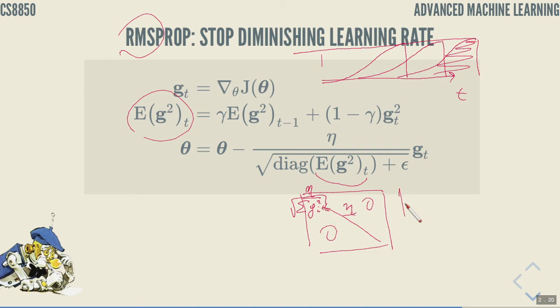But then when you multiply this by the g vector, essentially you simply normalize each element in g by the corresponding term: you multiply by eta and divide by the RMS, root mean squared, gradient.